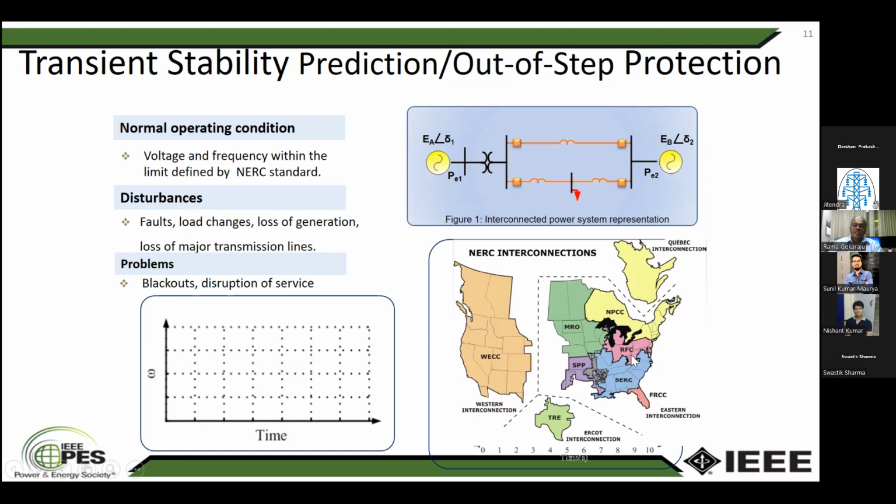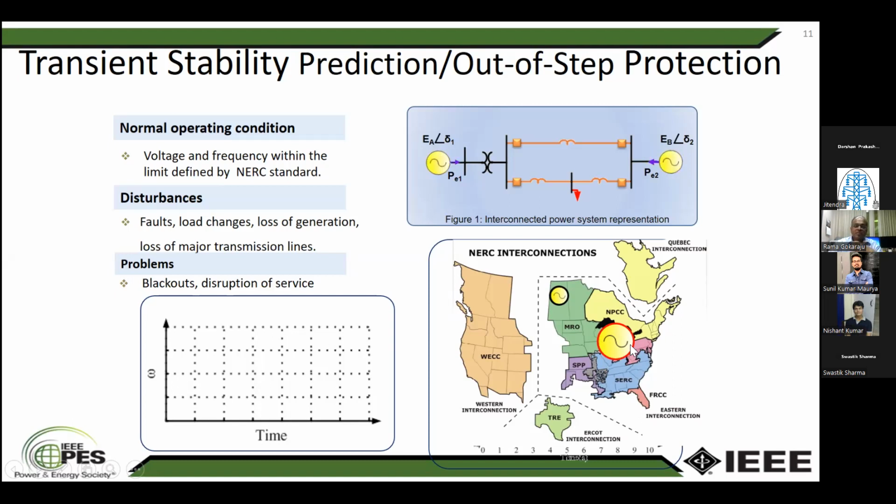When a disturbance happens, in a simple representation, I'm showing a two equivalent machine representation. Here the Saskatchewan region is shown as one lumped region, and the connection down south is the other portion of the equivalent system, represented as one large generator.